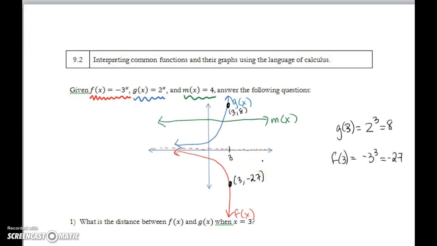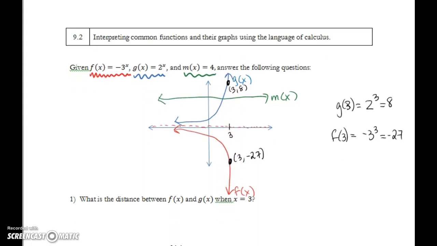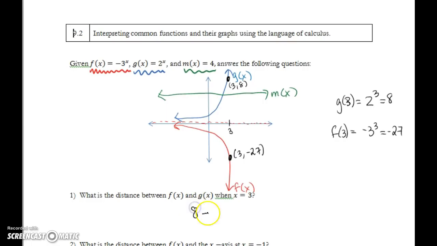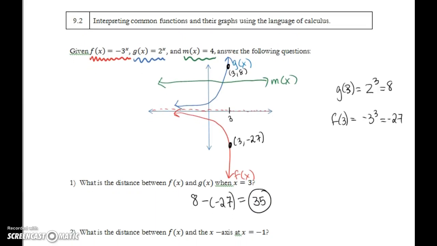Now how far apart are these? Well, look at the y values. What's the distance from 8 to negative 27? And you can always subtract the upper minus the lower to get that distance. So this works out to be 35.